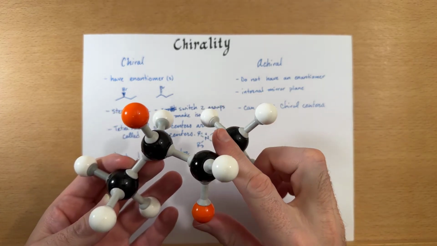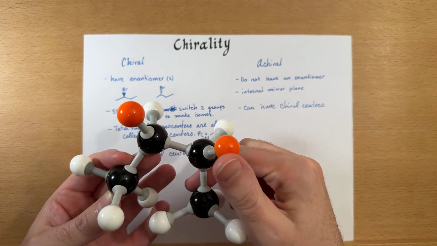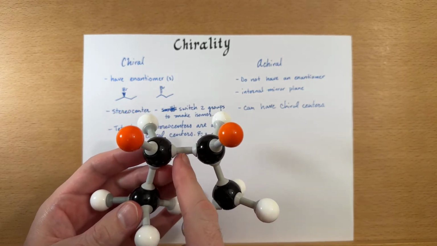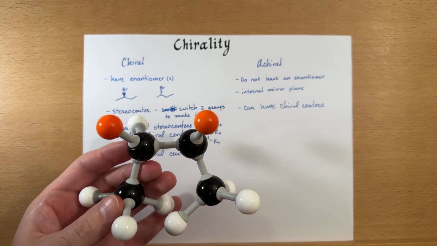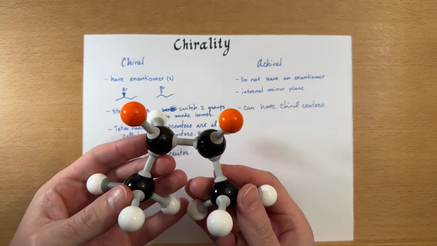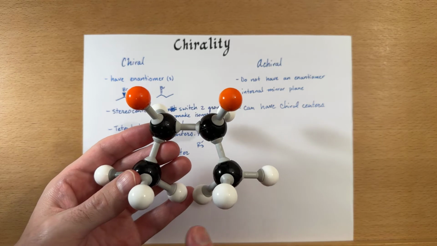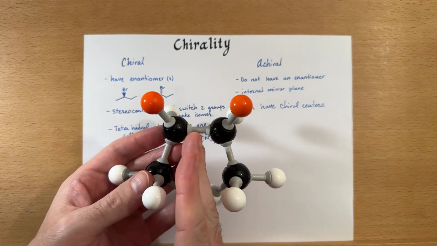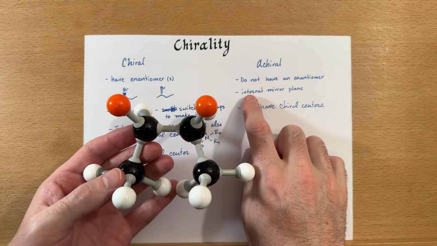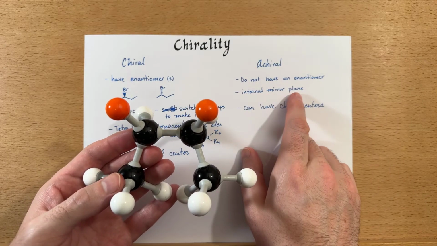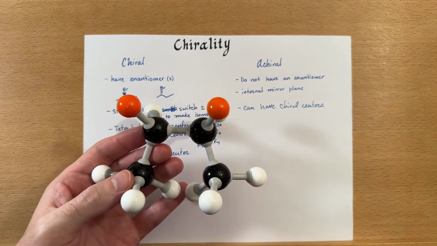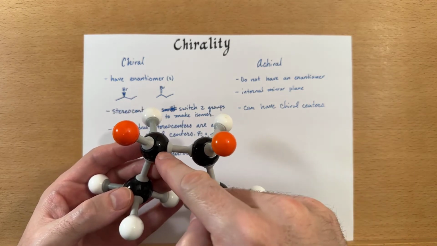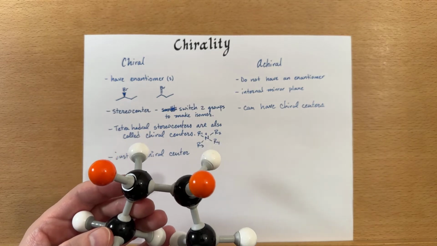However, if we rotate this around, which is allowed because this is a single bond, and if I align this nicely so that we can see, there is a mirror plane here. And if we have an internal mirror plane, the entire molecule will be achiral, even though there are chiral centers contained within it.